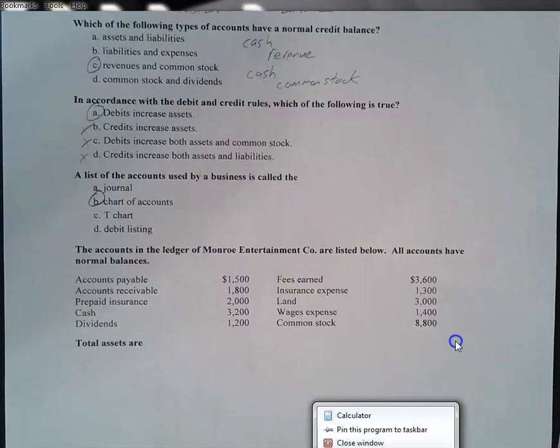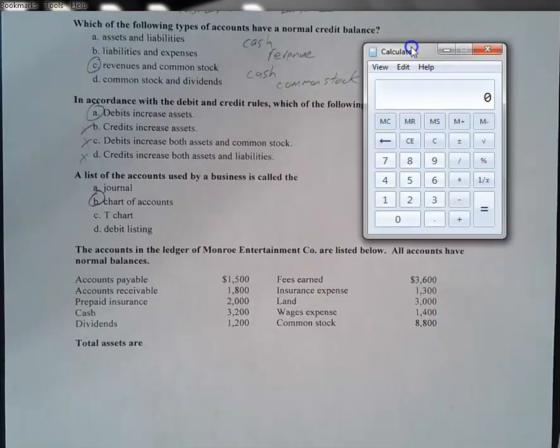Let's see here. Where's that calculator? Bring that right there. The next thing we're going to need to know is which of these accounts are asset accounts, which are liability accounts, and whether any of these accounts happen to be either income statement accounts or equity accounts.